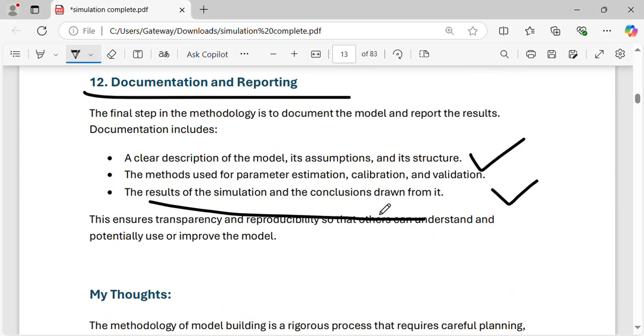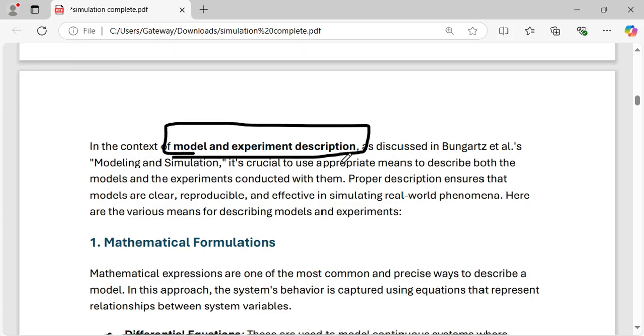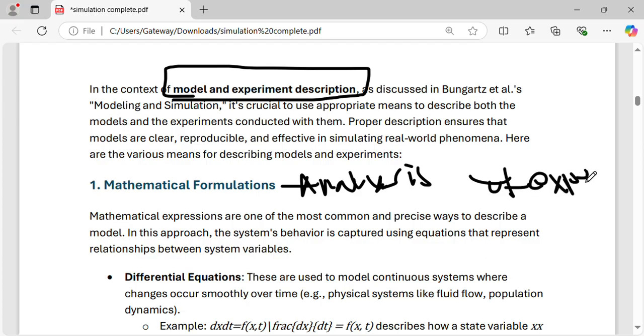You can look even more into them, and in the next video we will look into the model and experiment description, or in other words the analysis of the experiments or the simulations, right?